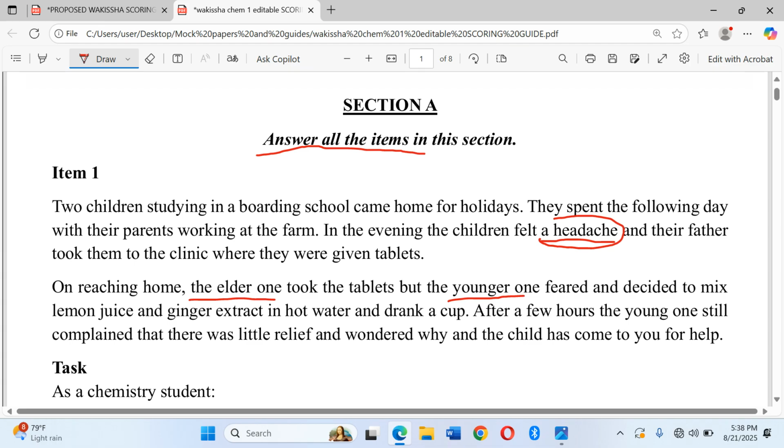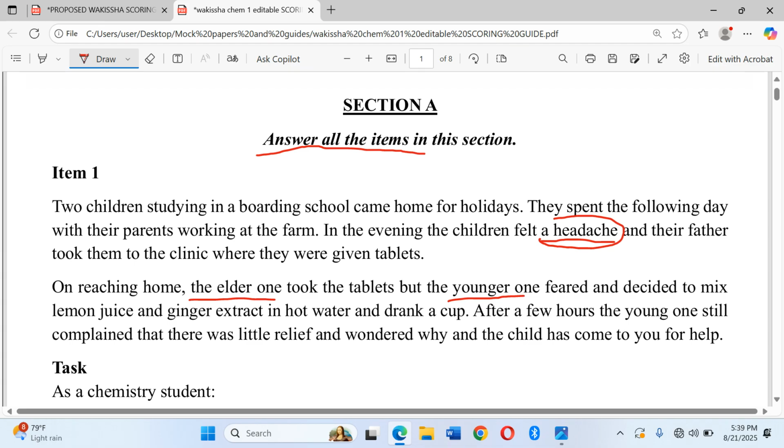And then the other ones which work on the head, the brain issue, those ones we call the psychotherapeutic medicines. But in this case, there is some pain, headache, so we are looking at that kind of medicine which deals with pain, which we call the analgesic medicines.